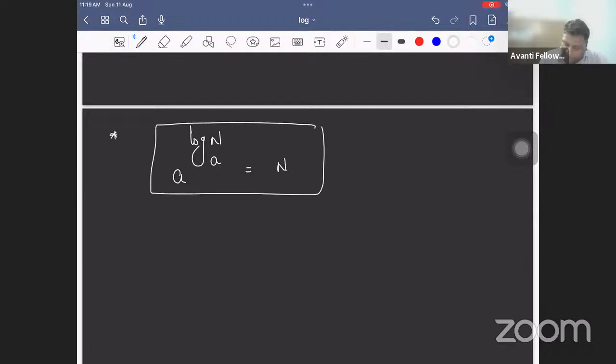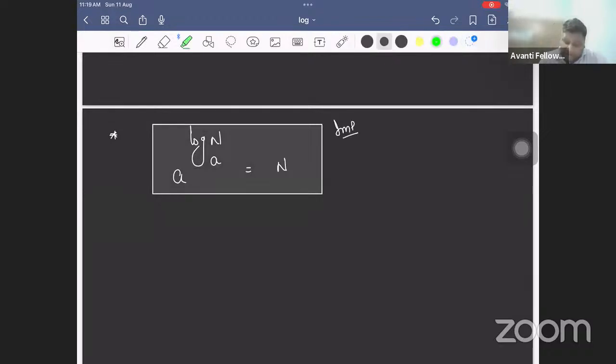Very, very important. So whenever the base a of the exponential form and the base a of the logarithmic form are the same, this is equal to n only. Log removed, everything removed, n only.